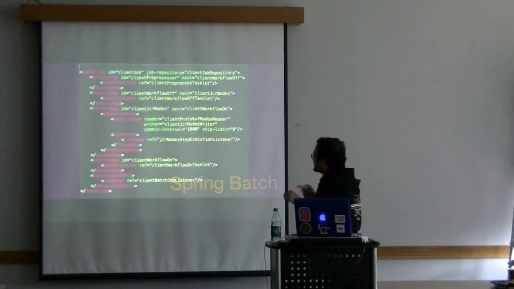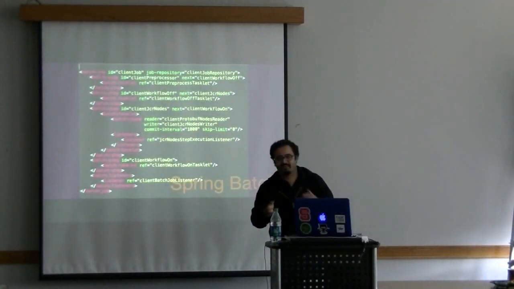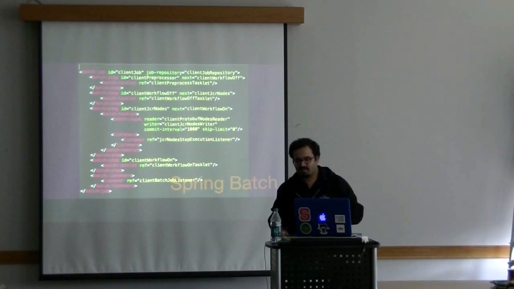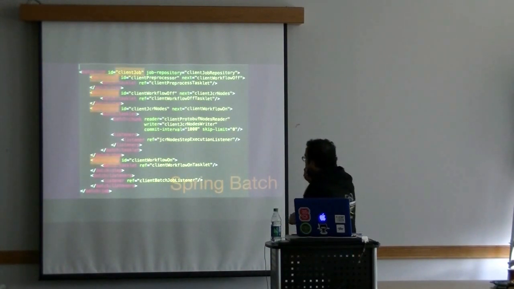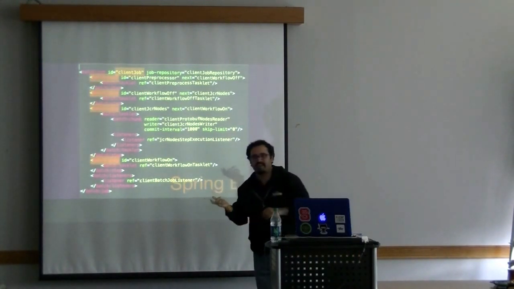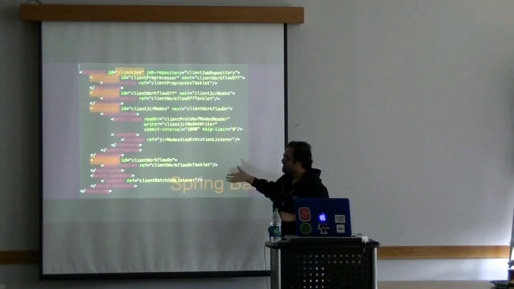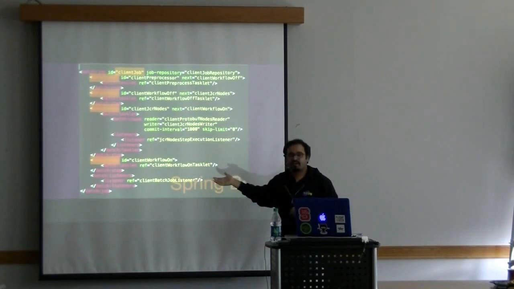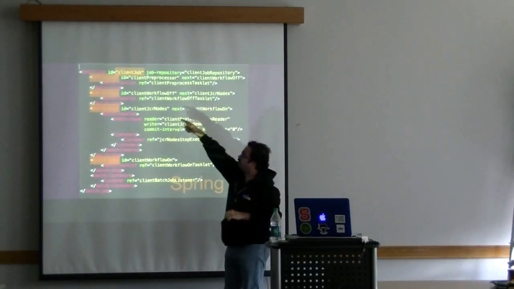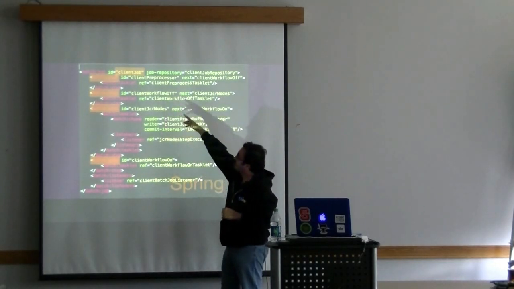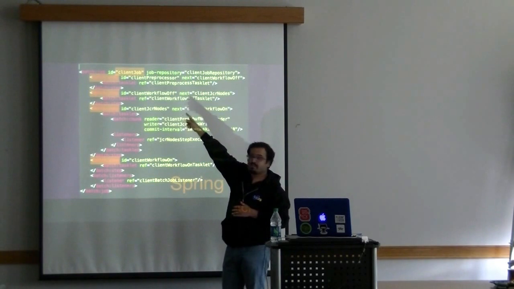On the client side, things are a bit more complicated. Not too much, but time to look at an XML example. As I mentioned, we have declarative I/O in Spring Batch, or Spring in general. This is an example of a Spring Bean XML file, which defines what your job is going to look like. At the top, you see that this is a client job.